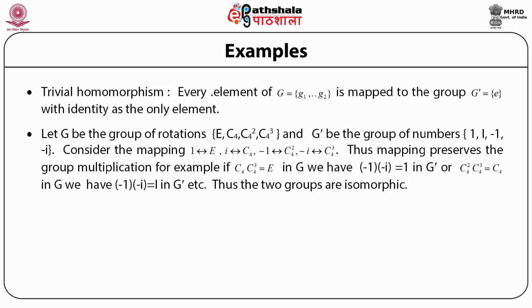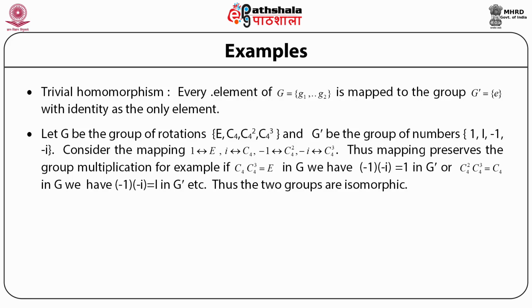And suppose G prime is a finite group of numbers which are 1, i, minus 1 and minus i. Now if we consider the mapping, the identity in the group G is mapped to the number 1 of the group G prime.